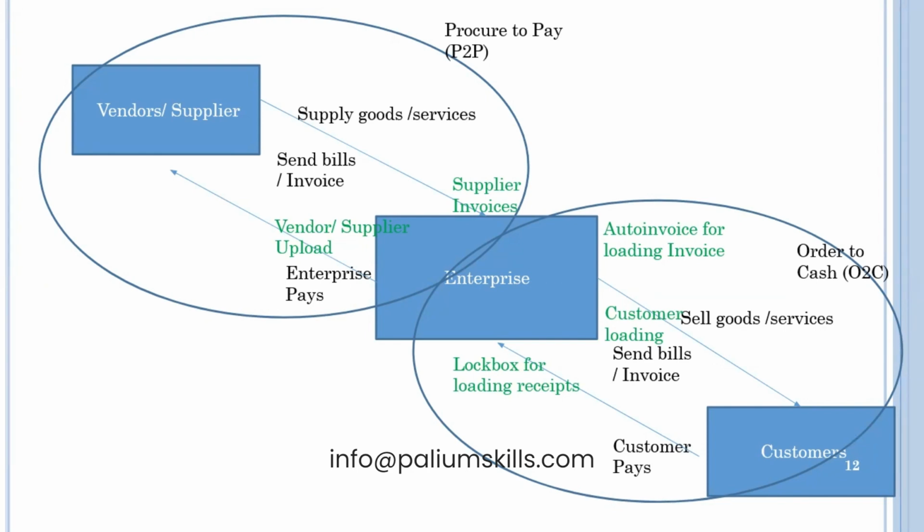So there are tools like HDL or FBDI or the APIs which are there to upload these. If there is a huge volume of transactions, you can then upload them into the application. Clear?